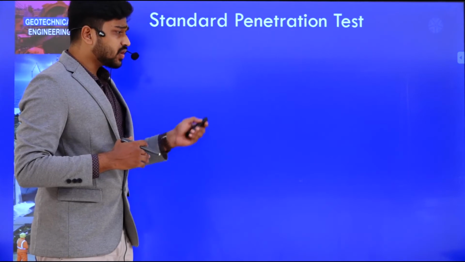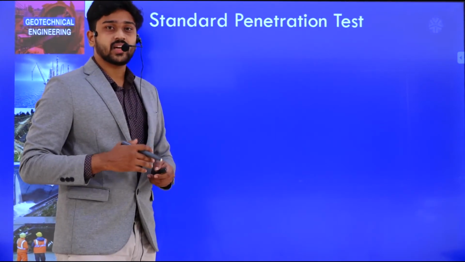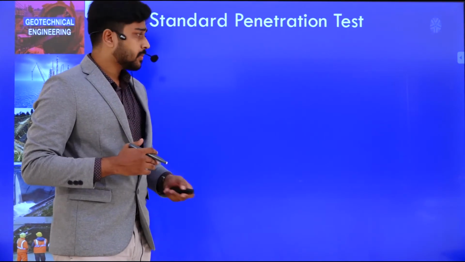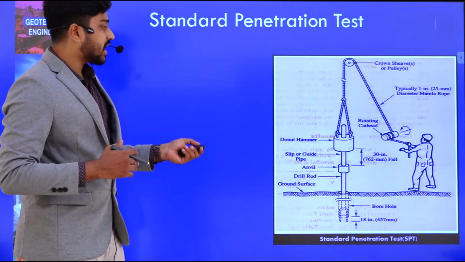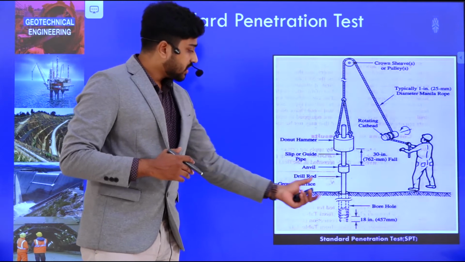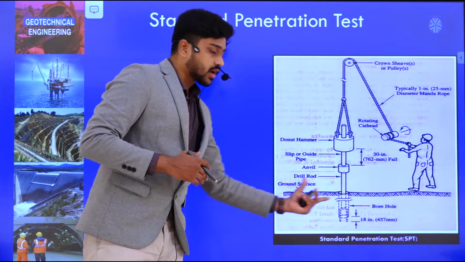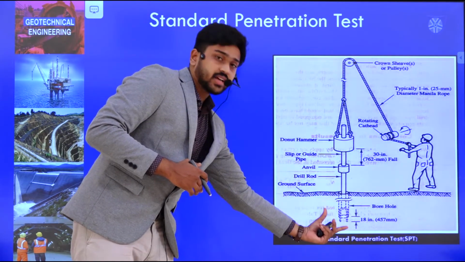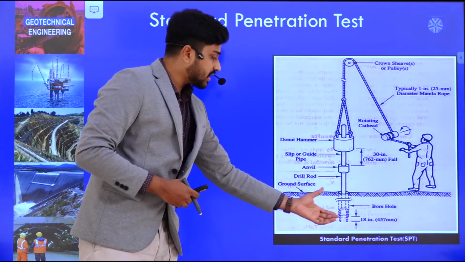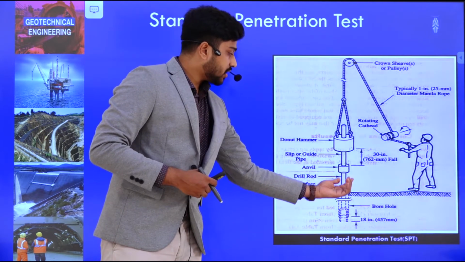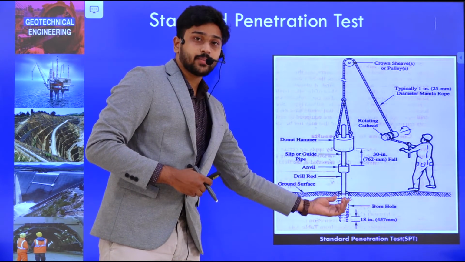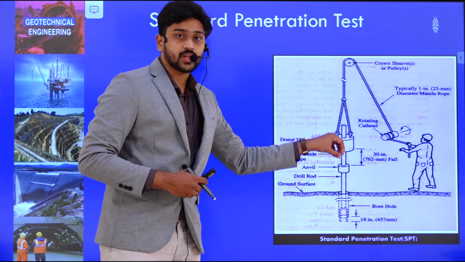Now let us try to understand the standard penetration test in more detail. If you look at the diagram, this is a typical diagram of the standard penetration test, how we carry it out. In this diagram, this is the ground level where we dig a borehole. This dotted line represented here is a borehole, and this is the sampling or drilling rod in which the sampler is placed so that we can collect the sample through it.